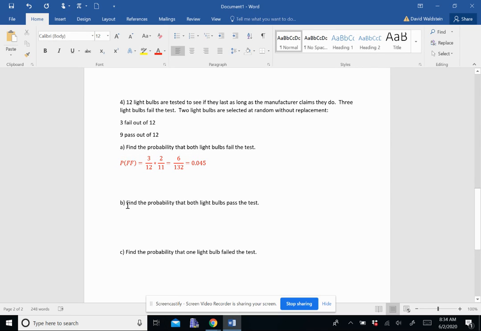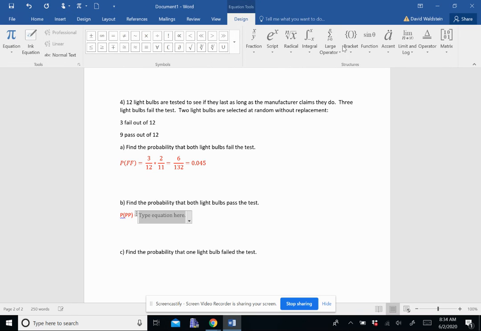Find the probability that they both pass. All right, our pass was 9 out of 12 times.